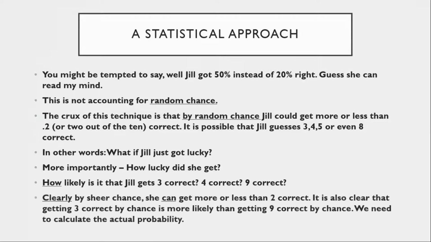Because it's possible that she's just guessing and she guesses more than 2 out of 10 correct. And importantly, it's really likely that she gets 3 correct. It's highly unlikely that by chance she got 9 correct. So we're going to need to know the actual probabilities of these things happening.